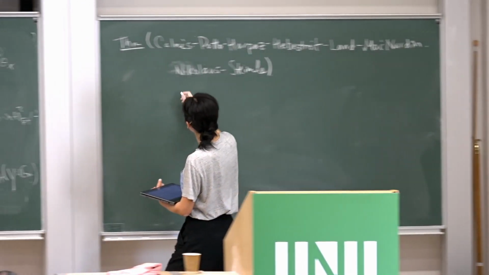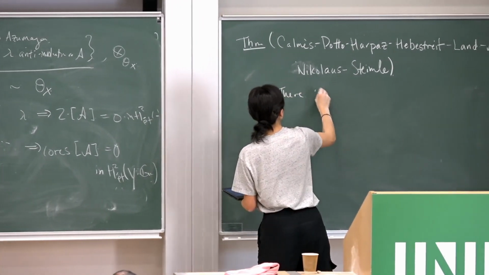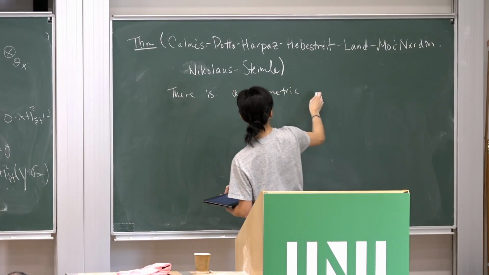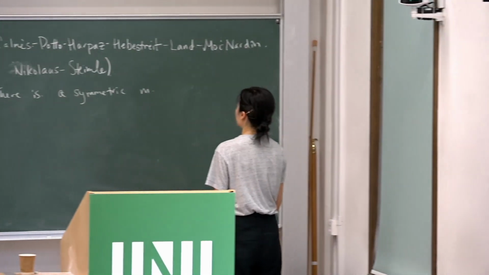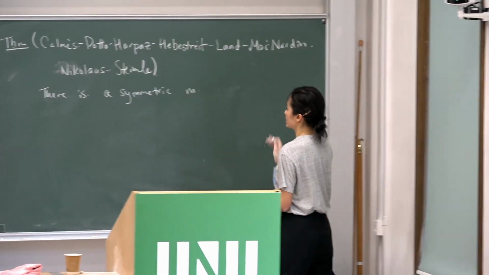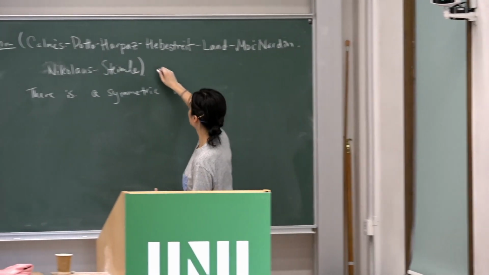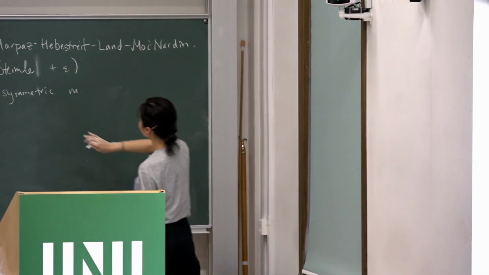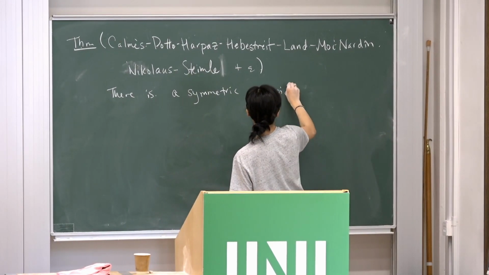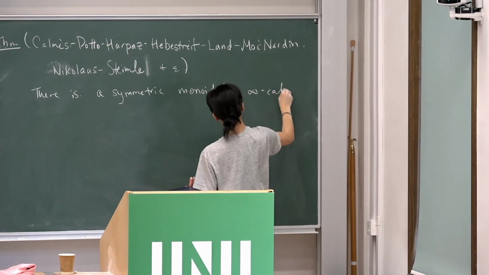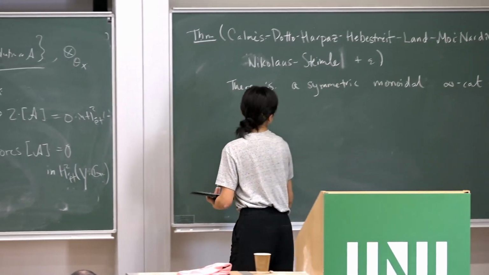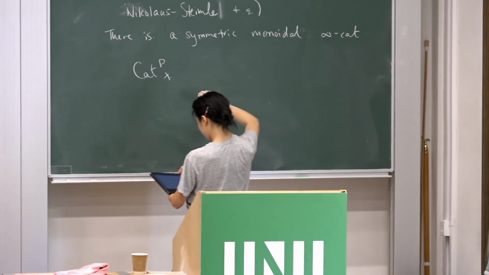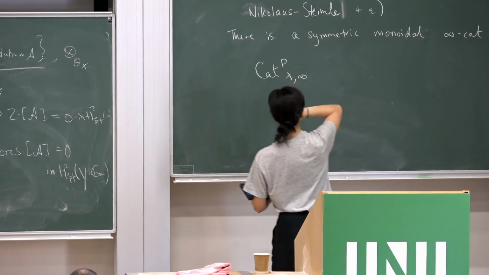This follows from work of theirs, plus epsilon additional work. There's a symmetric monoidal infinity category, written Cat^p_X.